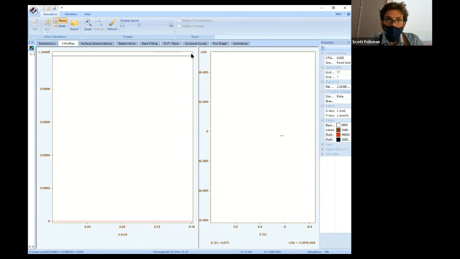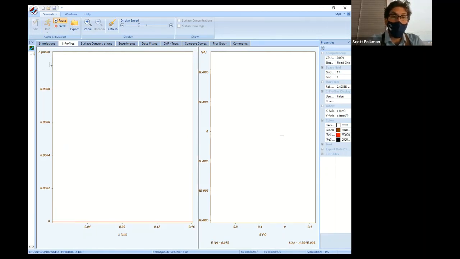Shown in black here is the concentration on the y-axis versus distance from the electrode. The point at 0 is at the contact of the electrode, and this is a linear distance away from the electrode.